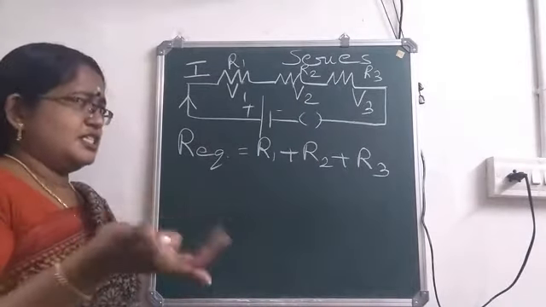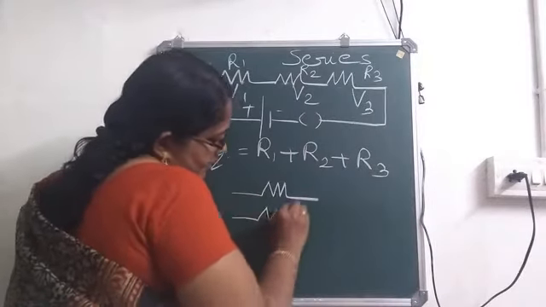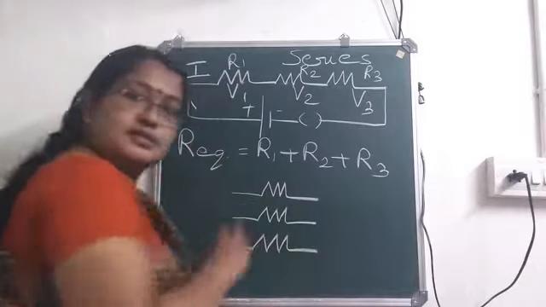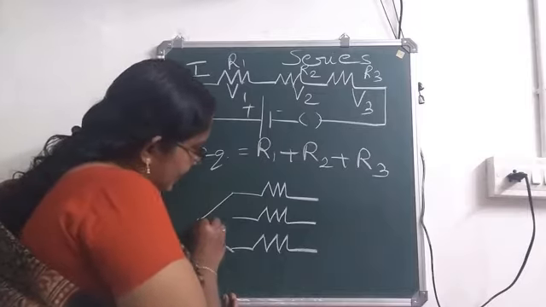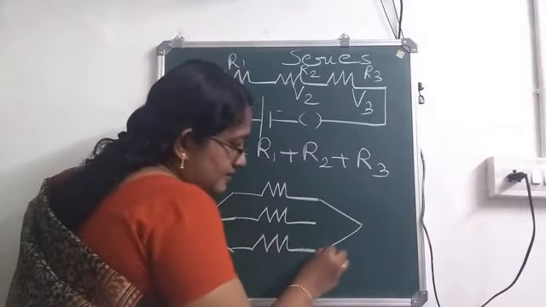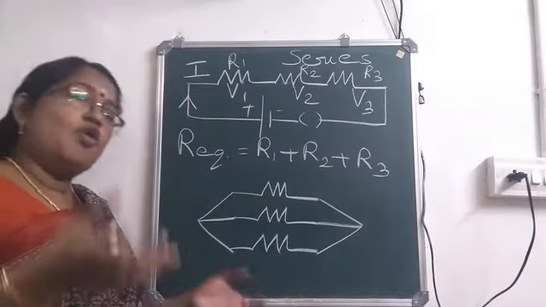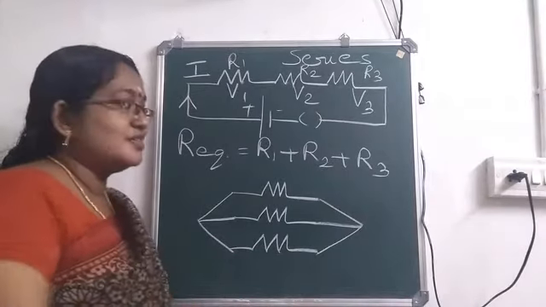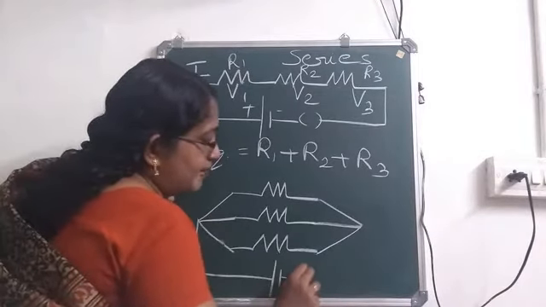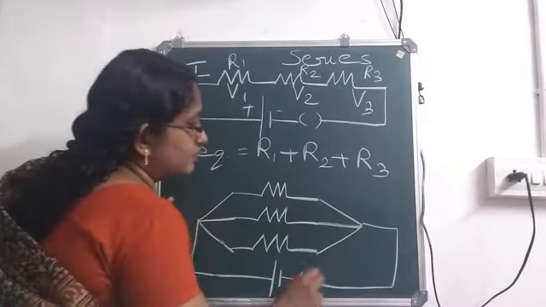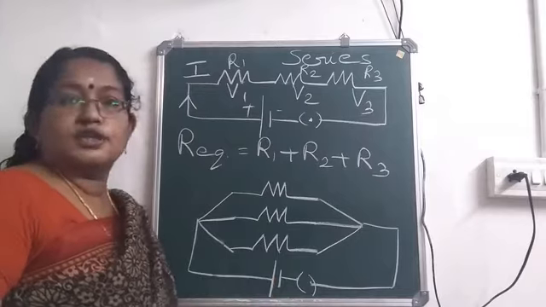Now, next is the parallel connection. In the case of parallel connection, here also I am considering 3 resistors. What we are doing is, we will be connecting the ends of all the 3 resistors together. All those resistors, the ends of those resistors will be connected together, and from that common point we will be giving the connection to the cell or the battery.